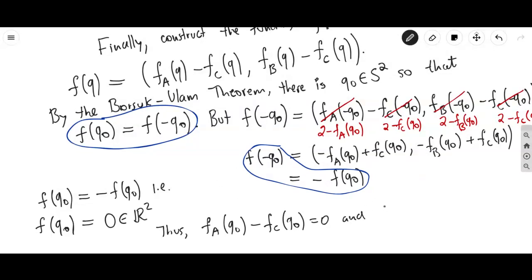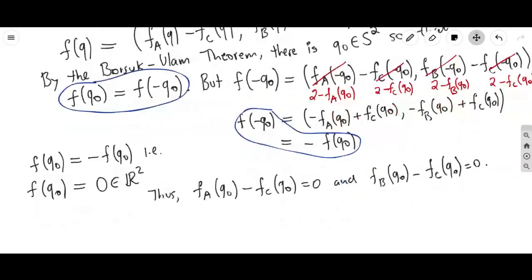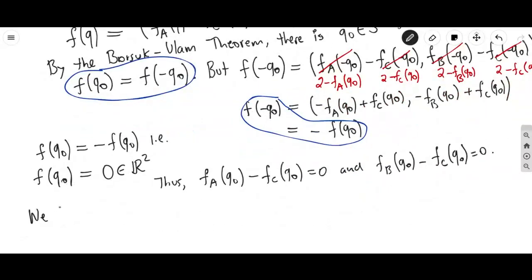And fb of Q0 minus fc of Q0 is also 0. So putting this together, we conclude that fa of Q0 is equal to fc of Q0, but fc of Q0 is equal to fb of Q0.